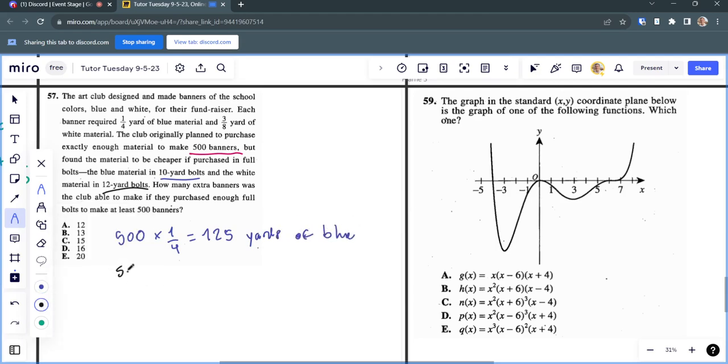If we wanted to make 500 banners of white, and each banner is 3/8 of a yard, that's going to be 500 times 3/8, which is 187.5 yards of white.